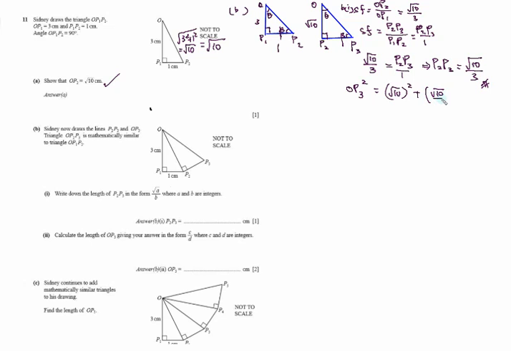So square root 10 over 3, you square it. So this gives you 10. This gives you 10 over 9. Okay, now we put them together, making the same denominator 9, plus 10 over 9. That will give you 100 over 9. Okay, now therefore OP3 equals square root of 100 over 9, which gives you 10 over 3. Okay, now so this is basically for B.